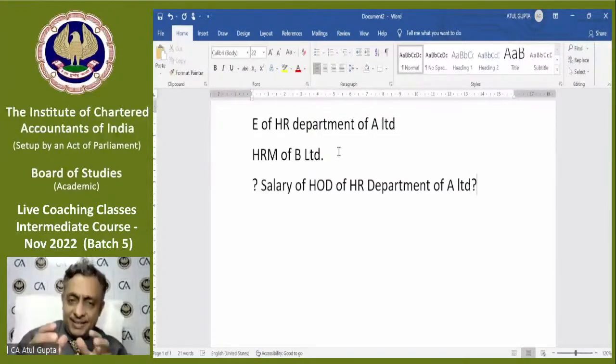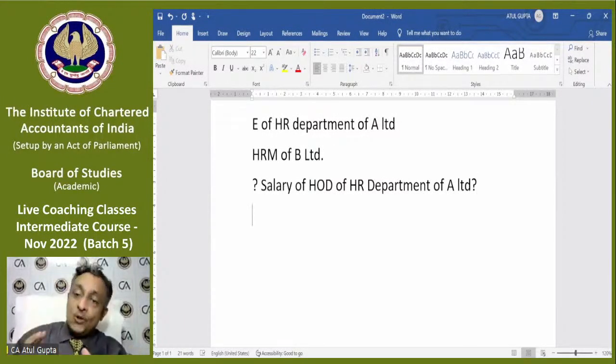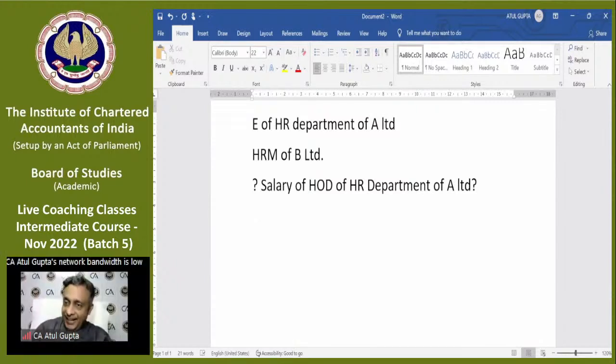The HOD of A Limited's HR department is a very good person and B wants to hire. So to make a proposal, B must know the salary of the HOD of the HR department of A. Now there is some bad incentive in doing it.